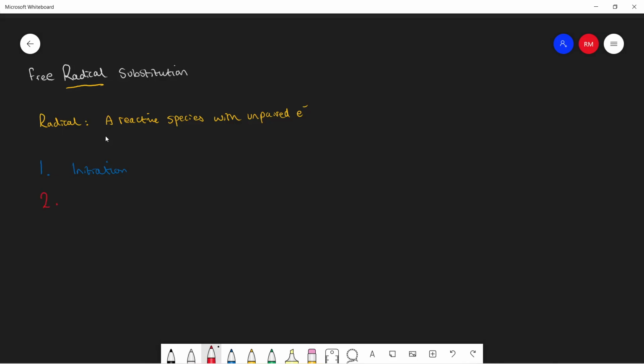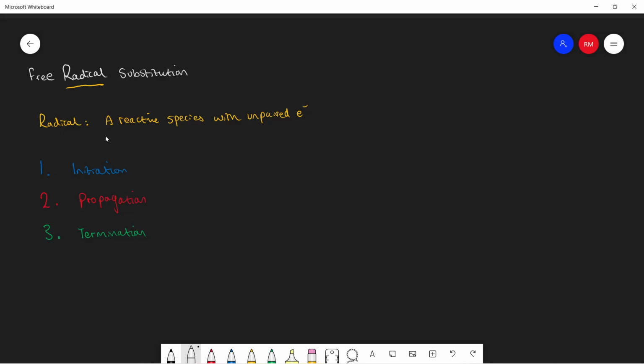Step 2 is going to be propagation. This is where the main chunk of our reaction happens, and the ending of our reaction is given by step 3, which is termination, and our desired and definitely some undesired products are formed.